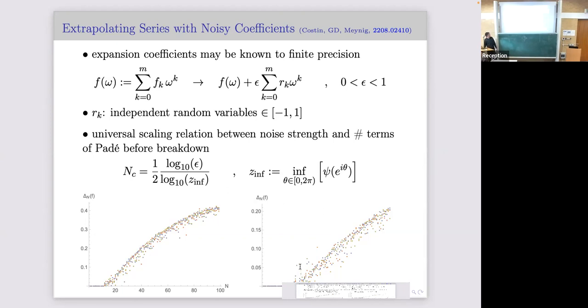So you can't see very well. This point at which it breaks down is twice on the left what it is on the right. And that's this logarithmic scaling. So you can say, if you're in a situation where this is the structure and the noise is at some particular level, this is the n beyond which things break.